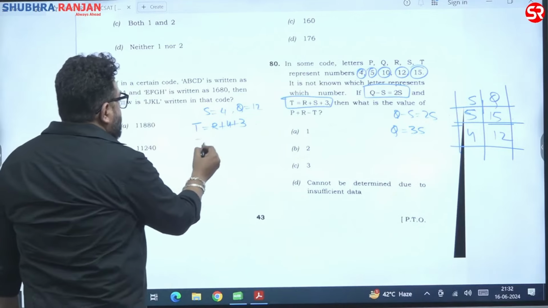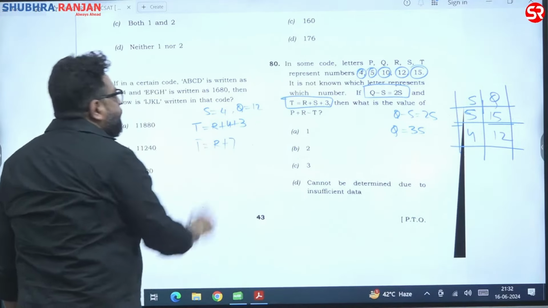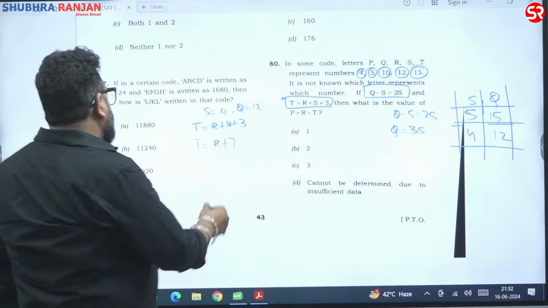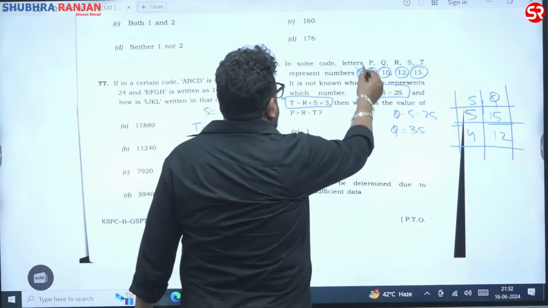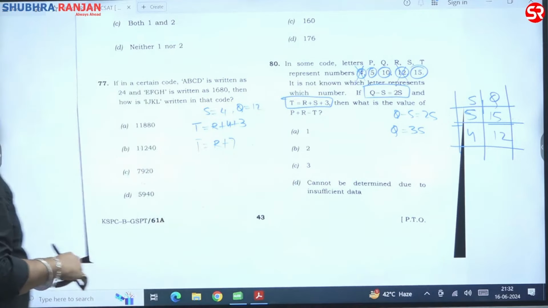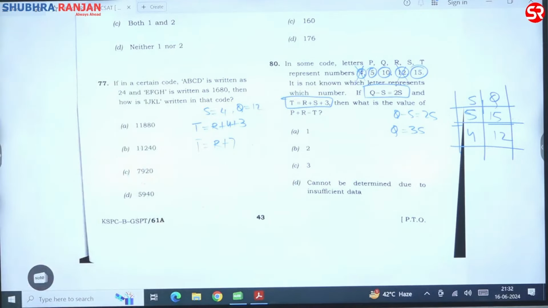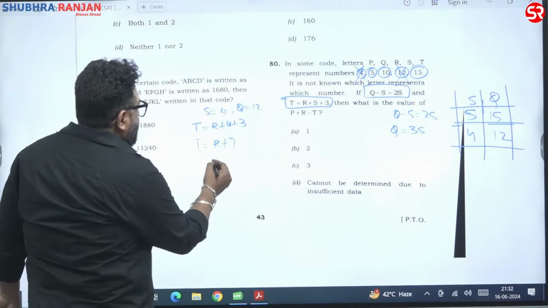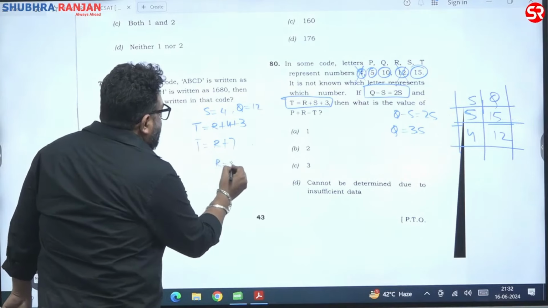Now T is equal to R plus 7. Look, two values are gone, 4 and 12 are gone. So you are left with T and R to be 5, 10 and 15, isn't it? In that case, what should the value of R be? Look, R is either 5.